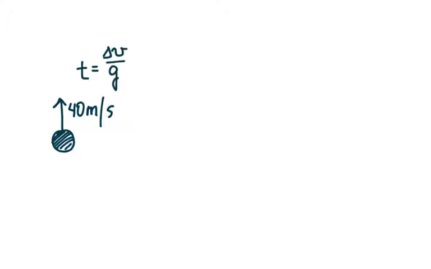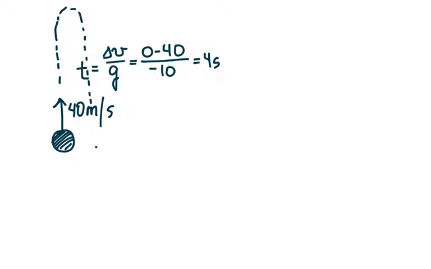If there was no air resistance and I tossed the ball with some initial velocity, say 40 meters per second, then the time it would take to get the ball to the top is the change of its velocity over the acceleration. The final velocity at the top would be 0, the initial velocity 40, and a deceleration of 10. So it would take 4 seconds for the ball to get to the top, and 4 seconds for the ball to fall down. And the ball would have exactly the same velocity, 40, when it reaches the ground.